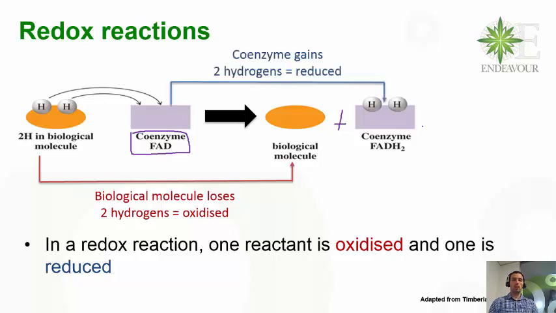So because the coenzyme accepts those two hydrogens, it now becomes FADH2. And to go from FAD to FADH2, meaning it's gained two hydrogens, corresponds to the compound being reduced. So we've got this same pattern where one reactant is oxidized, losing hydrogen, and the other is reduced, which gains hydrogen.